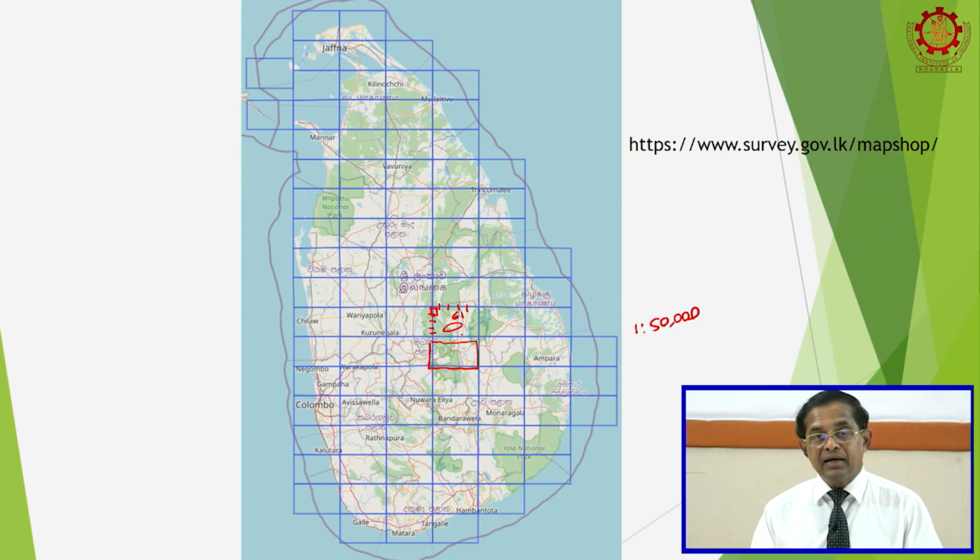So, even that is available, but that you can buy if you are really doing a project, identifying the final location where your project components are coming. You will not know the exact locations, therefore, you can't buy the 1 to 10,000 maps, otherwise you have to buy an entire large bundle of 1 to 10,000 maps, which will be useless. First we plan with the 1 to 50,000 map, and then we will try to buy the 1 to 10,000 maps. So, develop our own contour map depending upon the requirement.